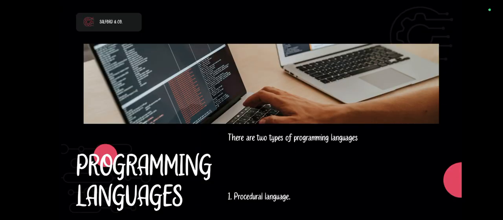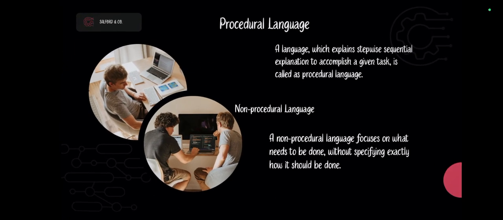There are two types of programming languages. First is the procedural and second is the non-procedural language. A procedural language is a language which gives a stepwise, sequential explanation to accomplish a given task.